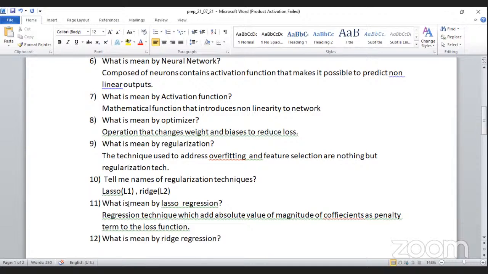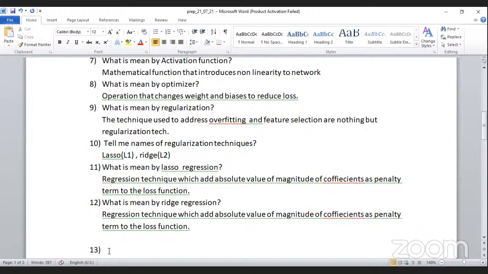So this is lasso regression. Ridge regression is also a regression technique which adds the squared magnitude of coefficients as a penalty term to the loss function.